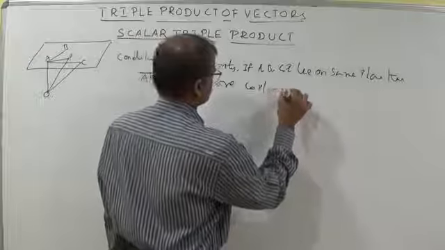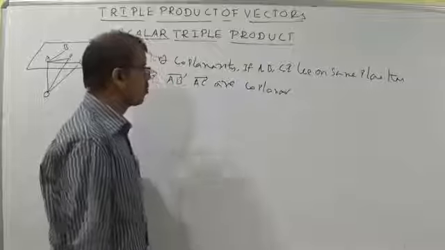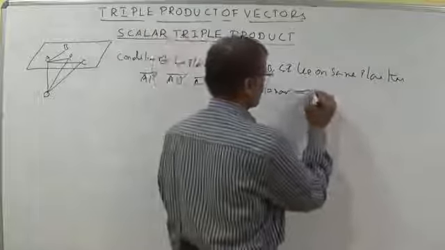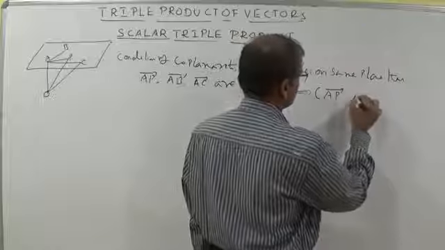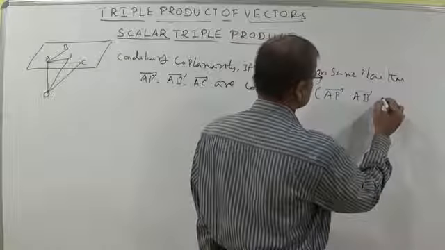So we can say that the vectors are coplanar. Whenever the vectors are coplanar, we said that the determinant is 0. Here we should say that the box is 0.